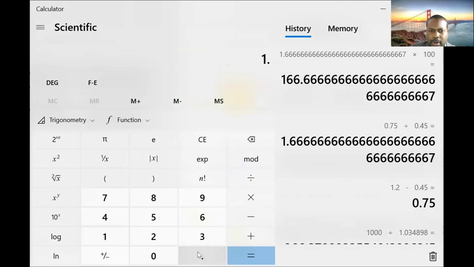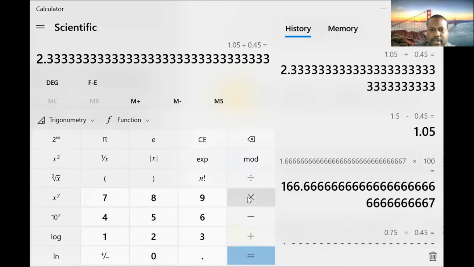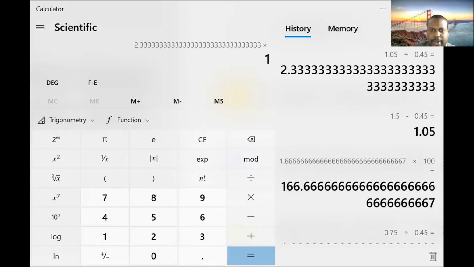So 1.50 minus 0.45 divided by 0.45. Okay, yes, now we're in the same area.